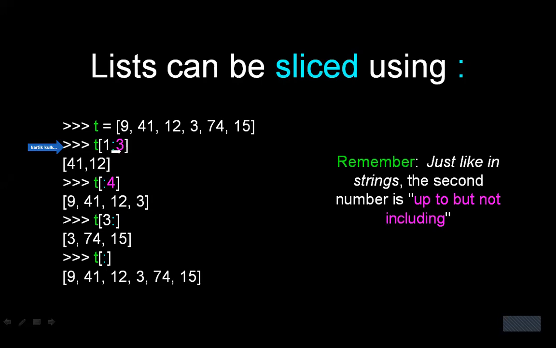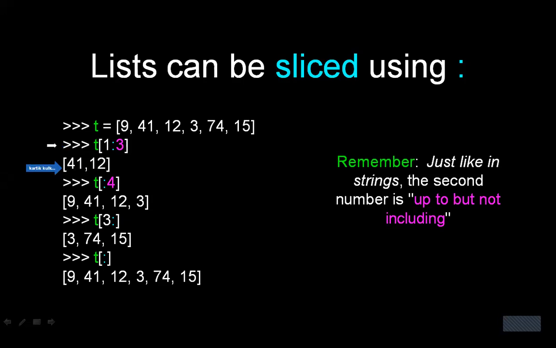Majority of the students will think that the element at index 1 will be printed, the element at index 2 will be printed, and the element at index 3 will also be printed. But that is not the case. The output of this statement is 41 comma 12.